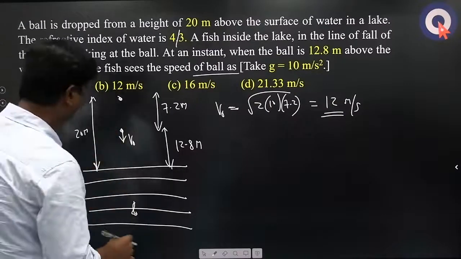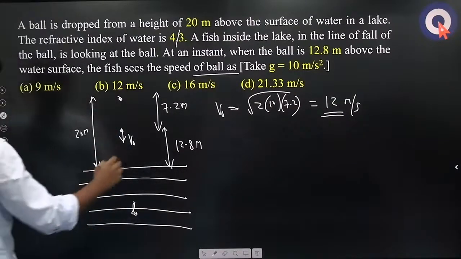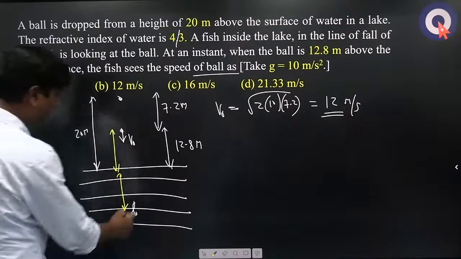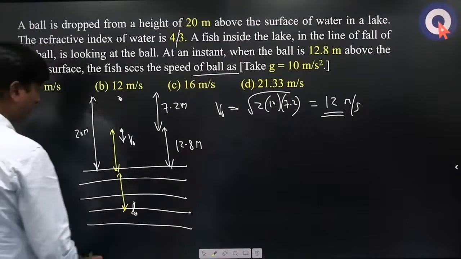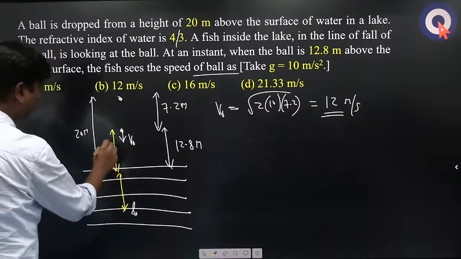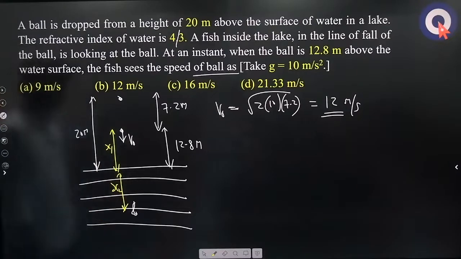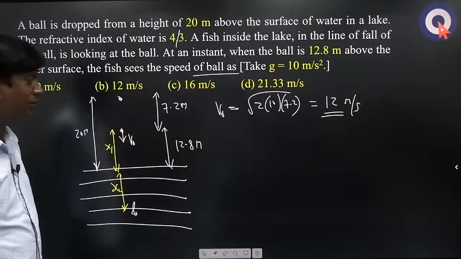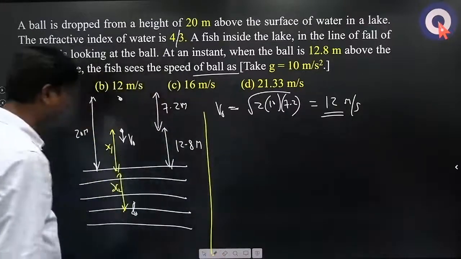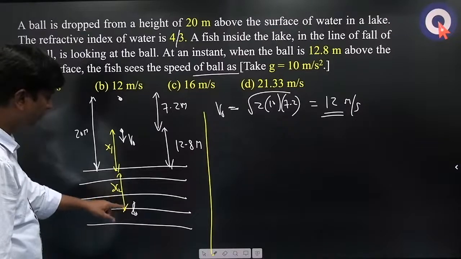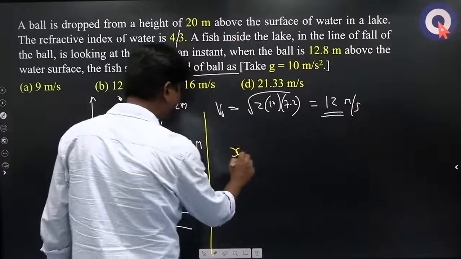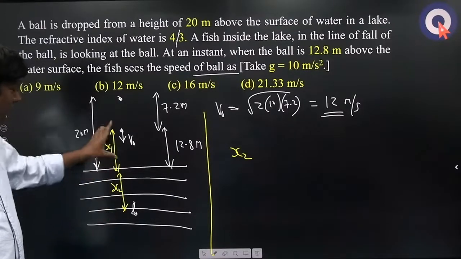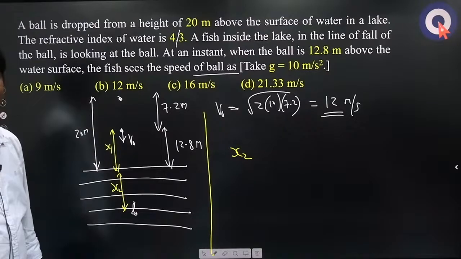Now according to the fish, what is the velocity of the ball is what they are asking. So you take this distance, and here the fish is at rest only, right? Take this distance as some x1, this distance as x2. First we have to consider the distance of the ball according to the fish. For the fish, this distance is the same as x2 only, and this distance x1, according to the fish, appears like nu times x1, right or not?